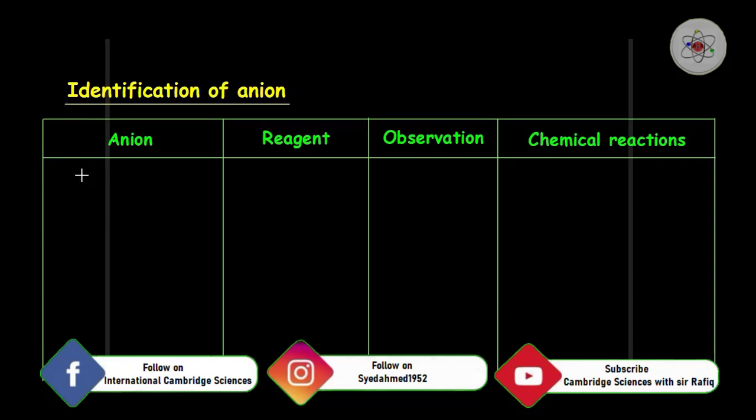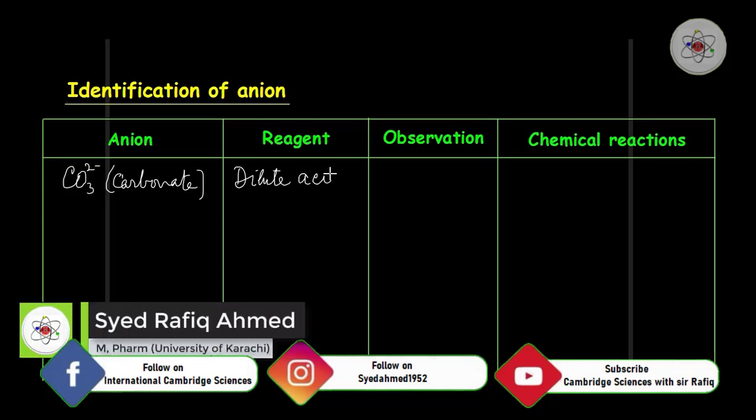When we add the reagent to carbonate, it gives out a product which can be observed easily. We know that carbonate, when added to an acid, produces carbon dioxide, which can be observed easily as effervescence and fizzing. So a dilute acid would be the appropriate reagent for identifying carbonate in the salt.